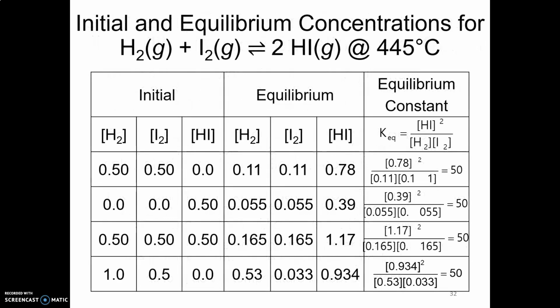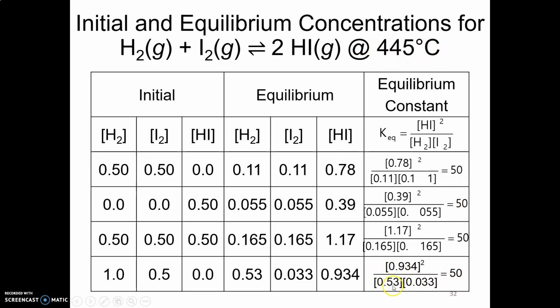And remember, initial has nothing to do with what K is going to be. So each one of these lines is a separate experiment, okay? There are 4 separate experiments here. We had 4 different initial setups, which led to 4 different equilibrium setups. But since they were all performed at the same temperature, K is exactly the same.